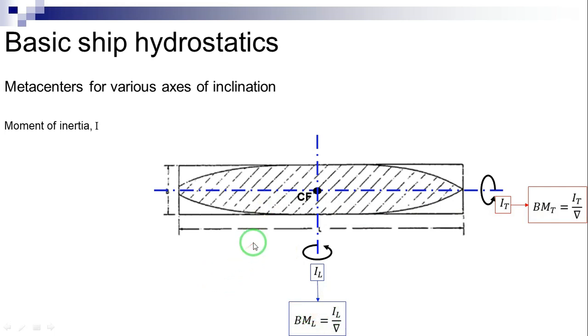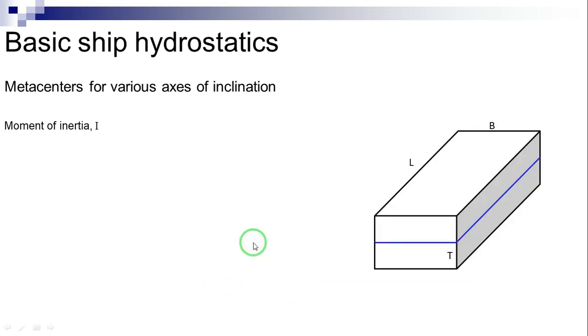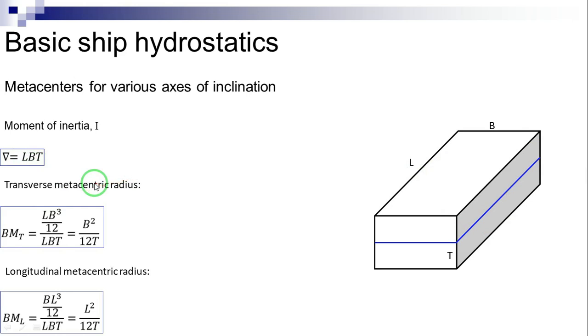To give an idea of the relative orders of magnitude of the transverse and longitudinal metacentric radii, let us consider a rectangular form barge whose length is L, breadth B, and draft T, as shown here. The volume of displacement equals nabla equals L B T. The transverse metacentric radius results from this equation, and the longitudinal metacentric radius is calculated using this equation.